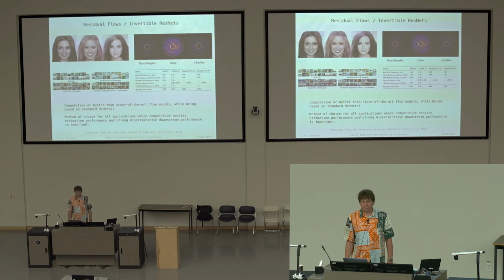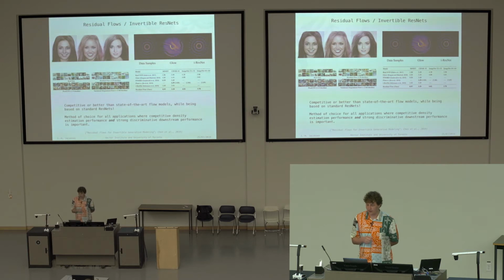Right. So here are some examples. On the top left, you can now use standard ResNets with this spectral normalization to do density modeling, like in a Glow, and generate high resolution celebrity faces and all the other data like CIFAR 10 and so on.